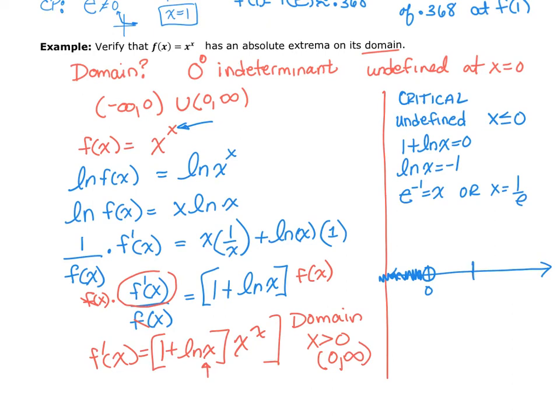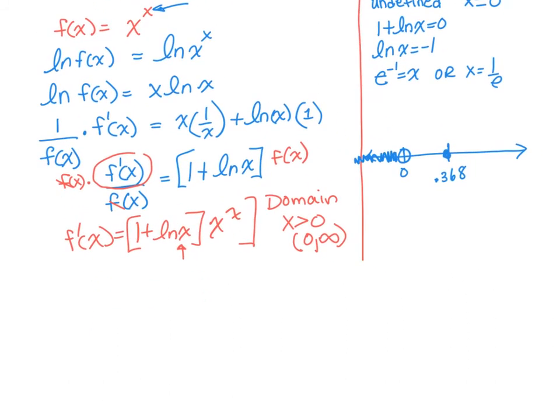So 1 over e is approximately 0.368. So if we now test some values, we might want to test, for example, 0.1 or 1. So this is my derivative graph.